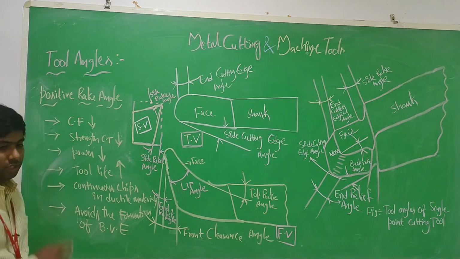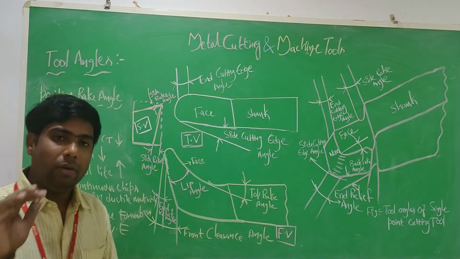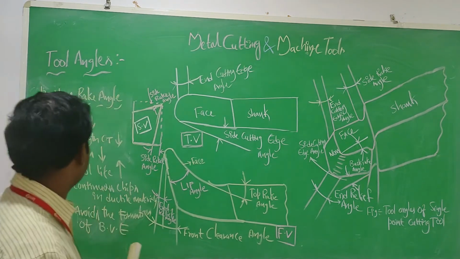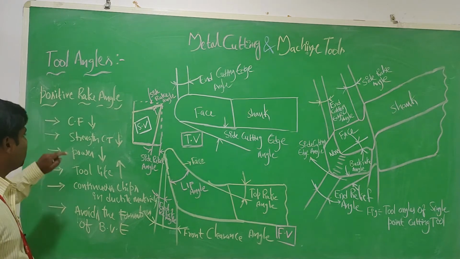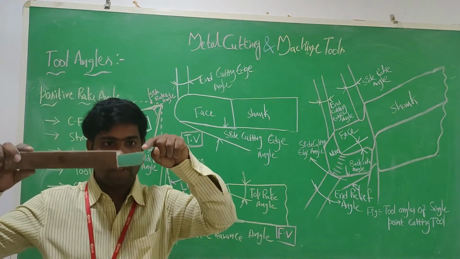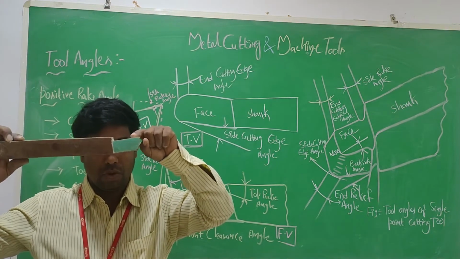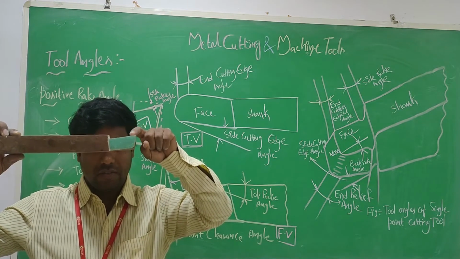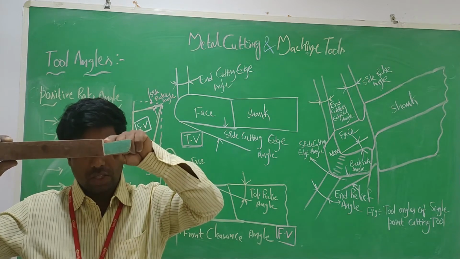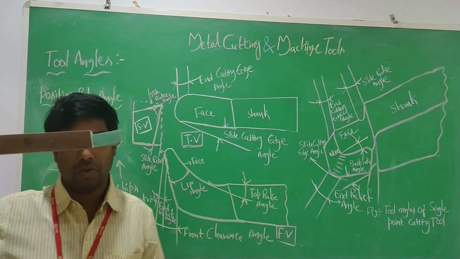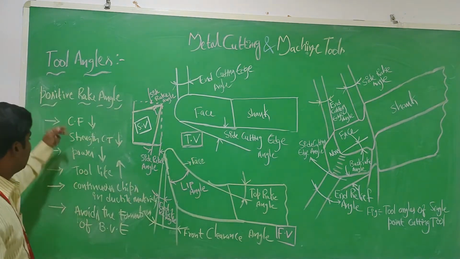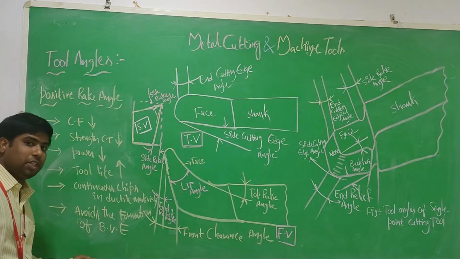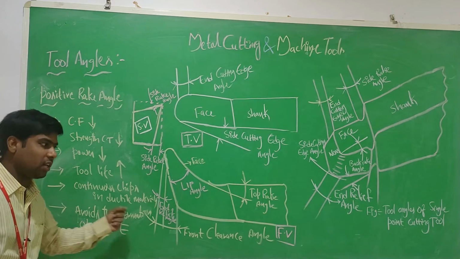So in this way positive rake angles play an essential role in a single point cutting tool. Once again, positive rake angle means the face of the cutting tool slopes downwards towards the shank. This is very helpful for avoiding the formation of built up edges. What are built up edges? We will see in the next class.